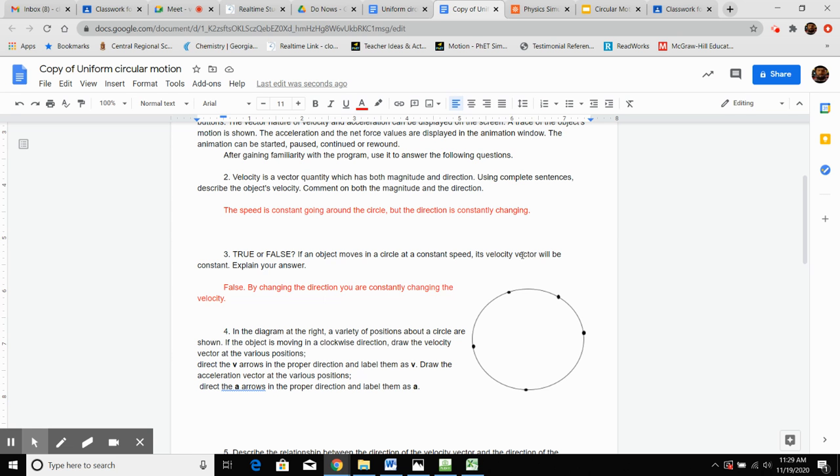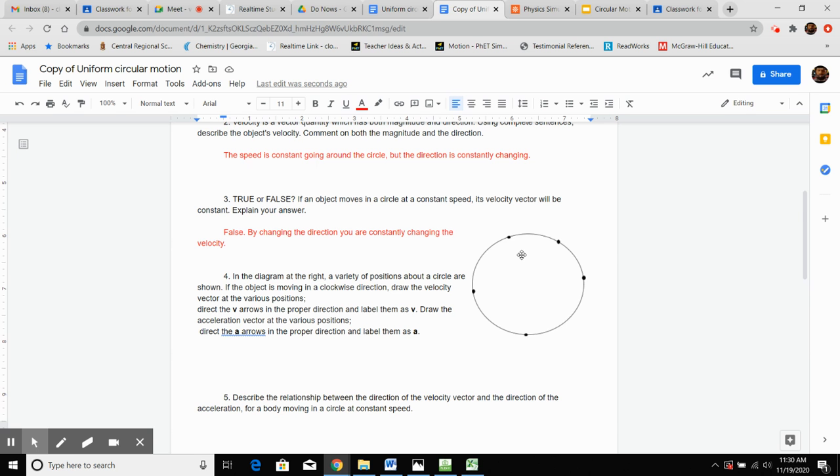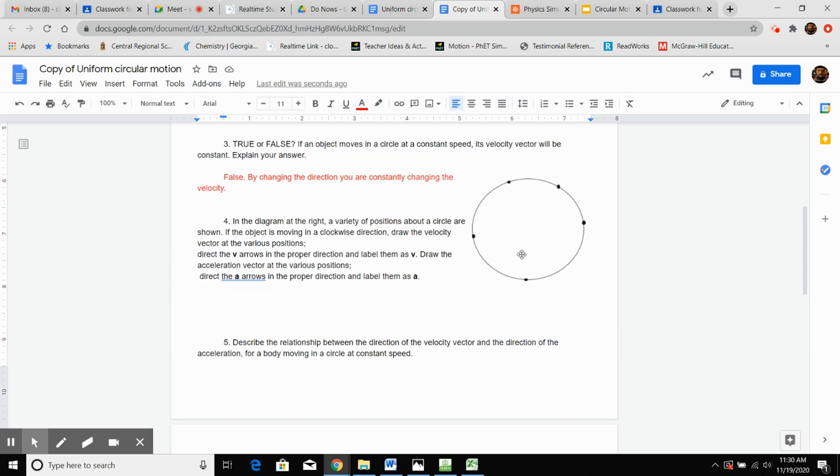So number 4. In this diagram that's off to the right, you have a circular path with a couple different points on here. At each of the points, they ask to draw in a velocity vector and an acceleration vector.